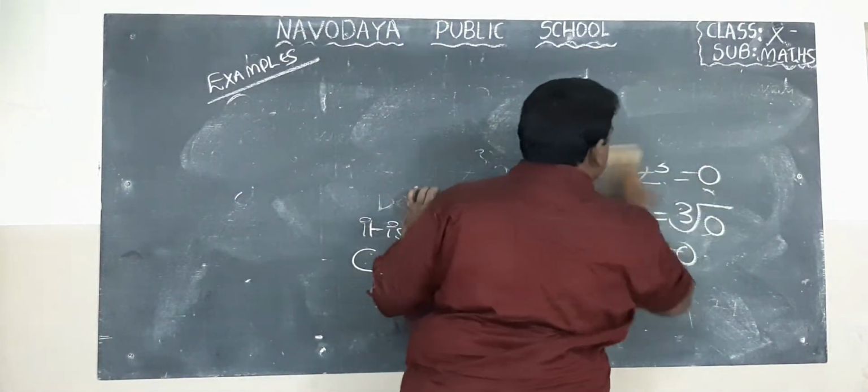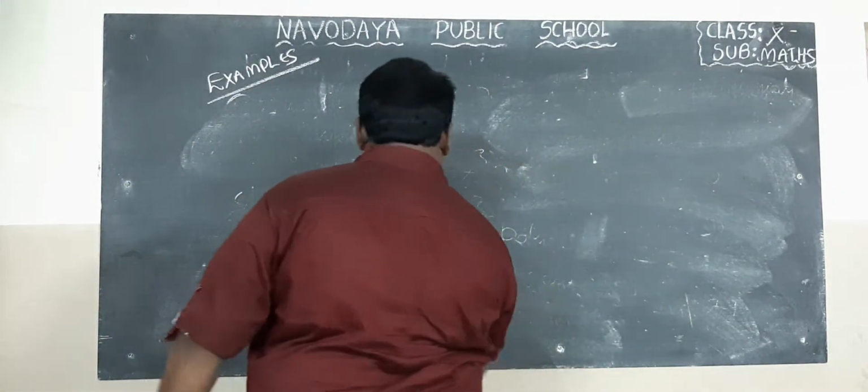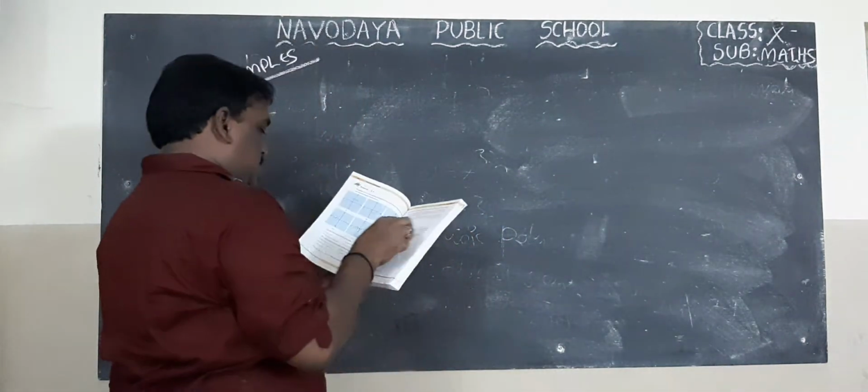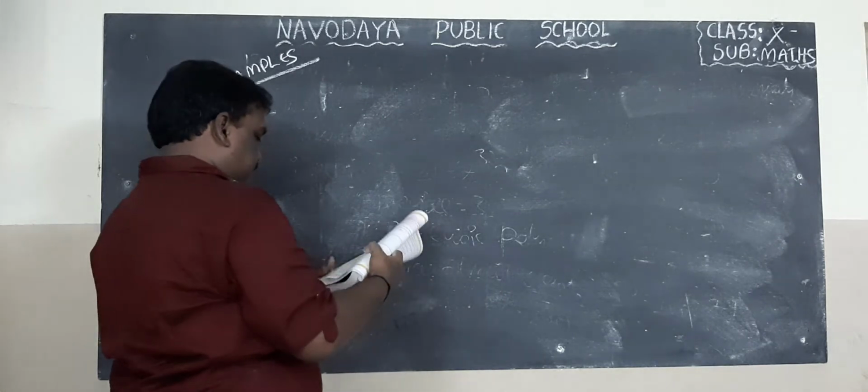Second one completed. Problem number 3 is, what is problem number 3? Example number 3. Third example.